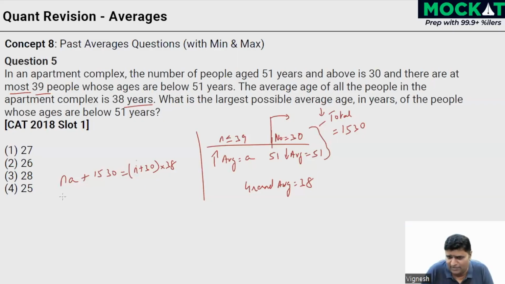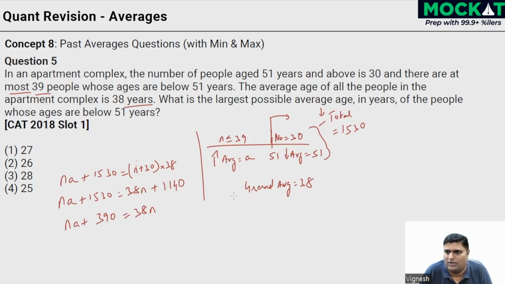Now we've got to multiply, right, and see what we're getting. nA plus 1530 equals 38n plus 30 into 38. 3 into 38, that's 90 plus 24, that's going to be 1140. So 1140, if I bring it to this side, 1530 minus 1140 is coming to 390. So I'm getting 390. nA plus 390 is equal to 38n.